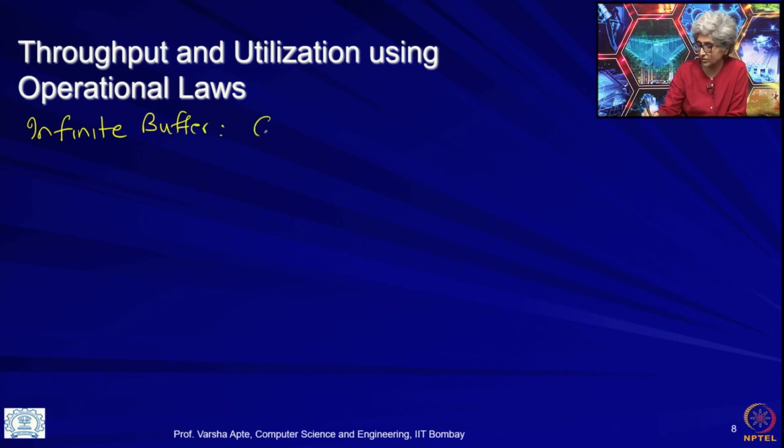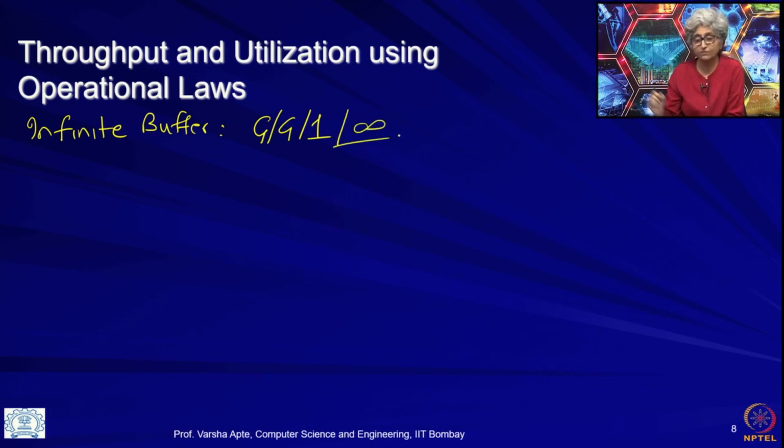So now let us talk about a G/G/1 queue. Can we think about what the throughput is for a G/G/1 with infinite buffer? If every incoming request can queue and is never dropped, what will the throughput be?